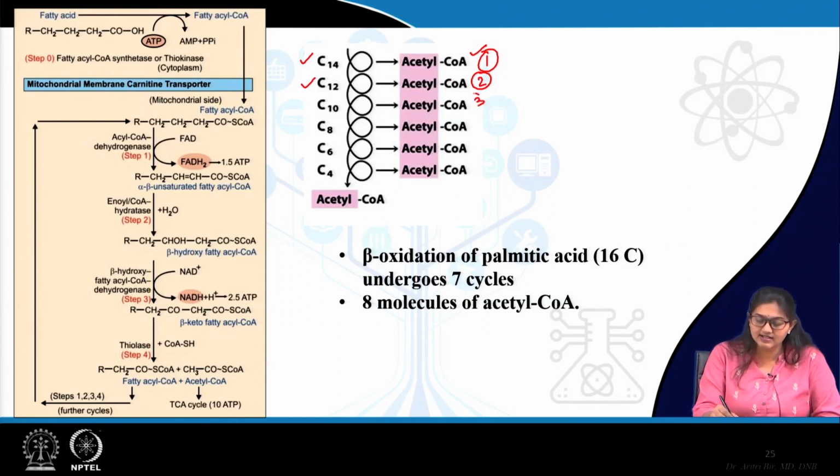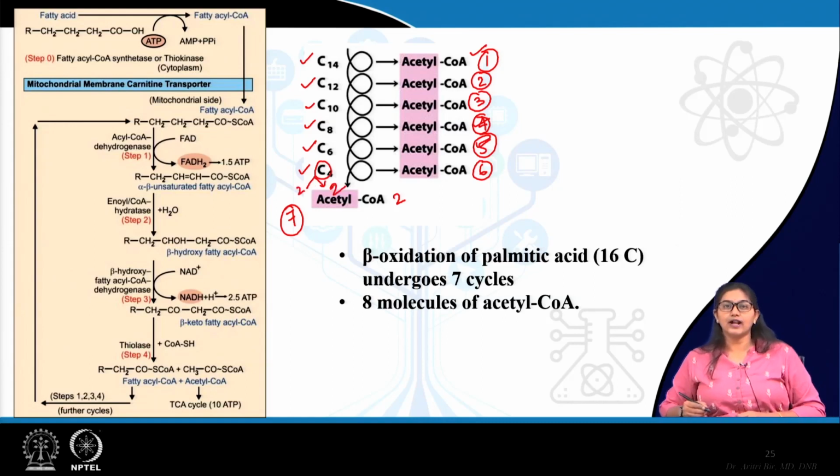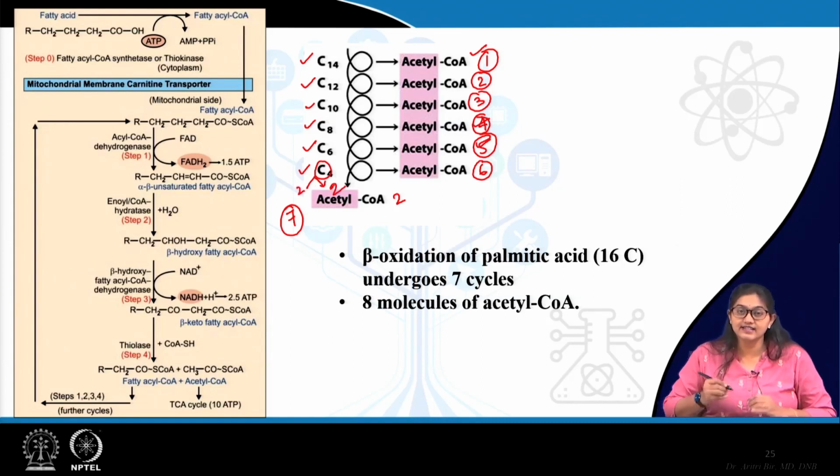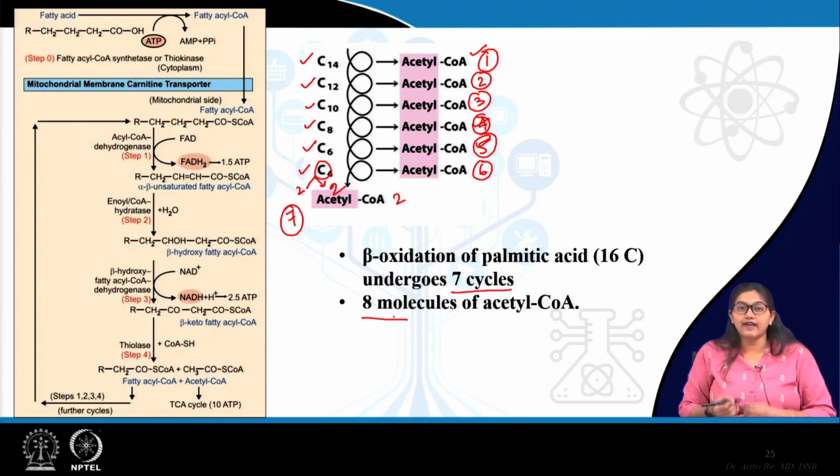Similarly, third cycle C10, fourth cycle C8, fifth cycle C6, sixth cycle C4, and finally, this is our 7th cycle where 2 acetyl coenzyme A are released from C4. So, there will be 7 cycles of beta oxidation in case of palmitic acid and 8 molecules of acetyl coenzyme A production.